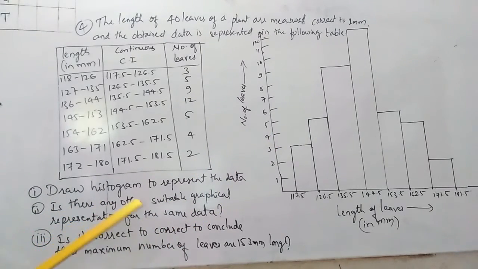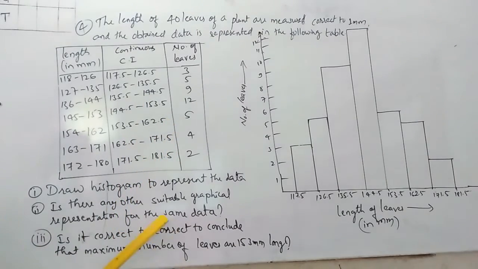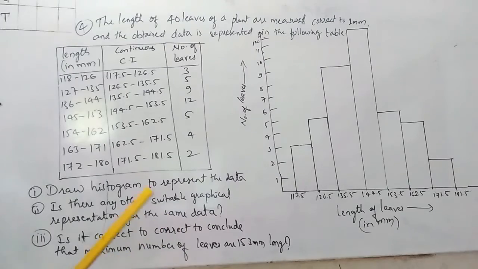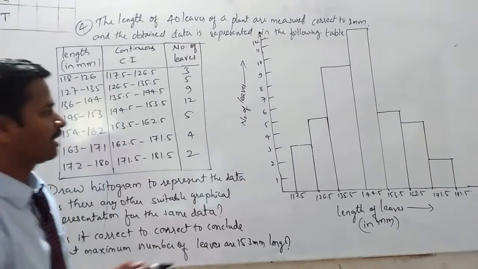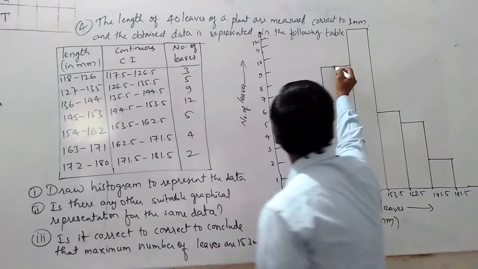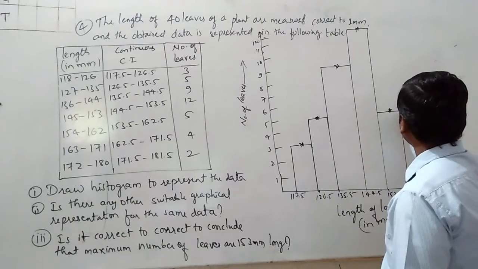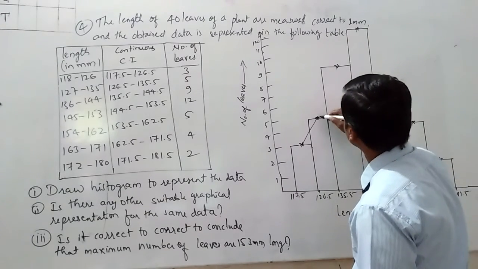Is there any other suitable graphical representation for the same data? The same data we can represent with a frequency polygon. How will you draw the frequency polygon? We should just mark the midpoints of the given data in the histogram.